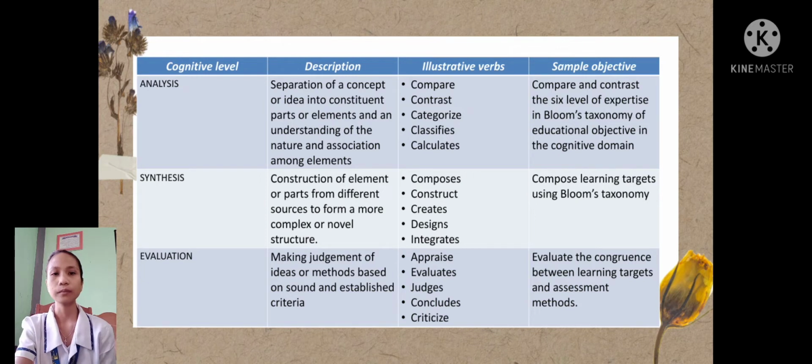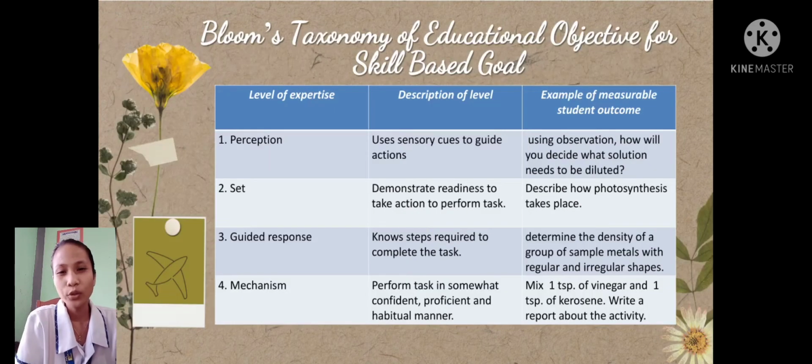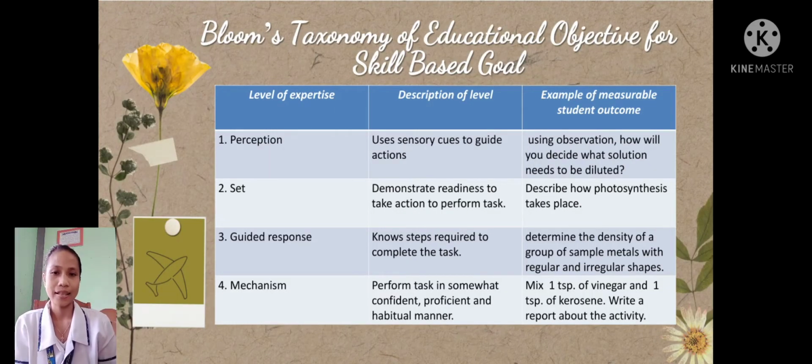An example of evaluation under the cognitive level is: evaluate the congruence between learning targets and assessment methods. So the first that I discussed is Bloom's taxonomy of educational objectives for the knowledge-based goal.